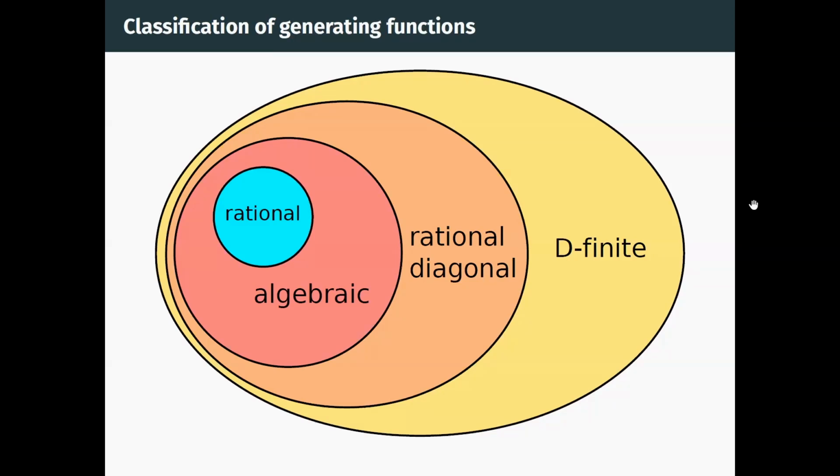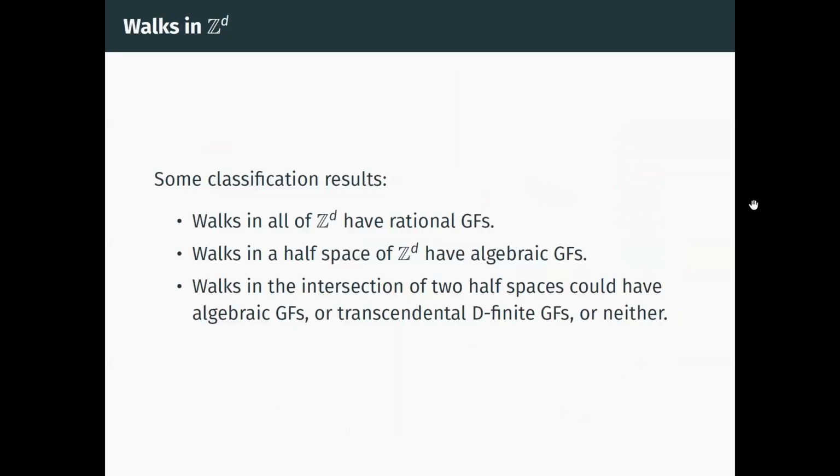And so one question might be, what sorts of things should I expect from lattice paths if I'm doing this sort of analysis? It turns out that you can expect all sorts of things depending on the context. If you don't have any restrictions on your domain and it can go anywhere, then typically you're going to have a rational generating function, which is really from the sequence specification using your step set. If you have a half plane, then that'll end up being algebraic.